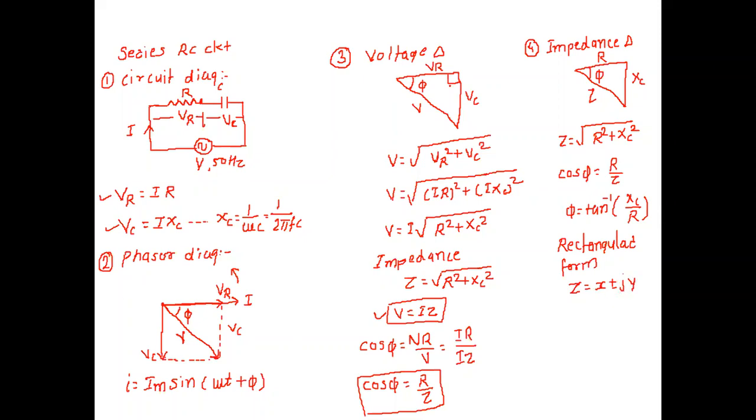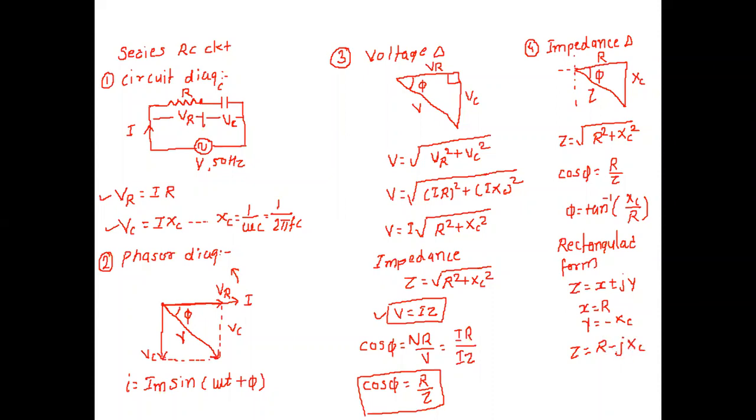If you observe here, if I make it with a dotted line, the X component of this Z is nothing but R. So the X component is R, and the Y component is XC, but as it is in a downward direction, the sign for XC is a minus sign. So I can write impedance Z equal to R minus jXC.